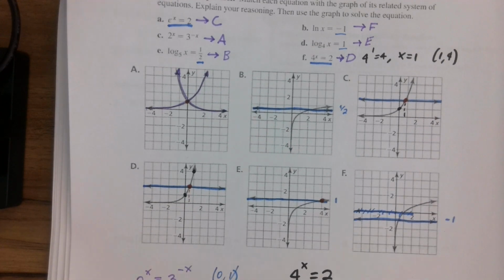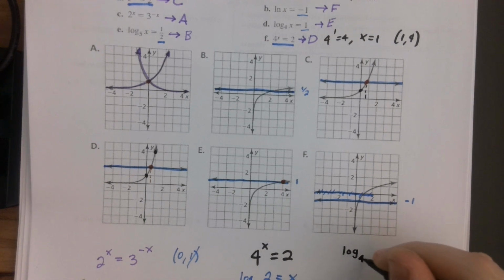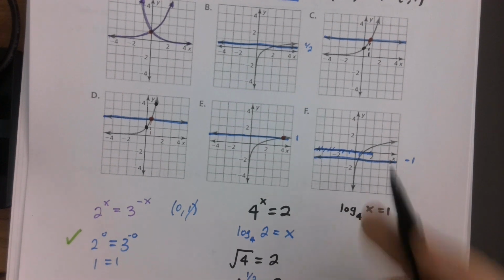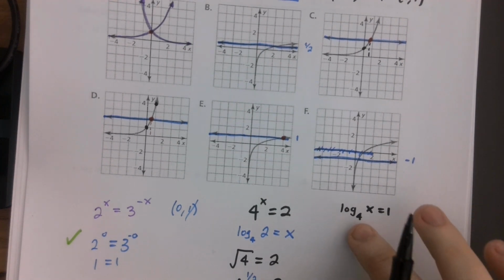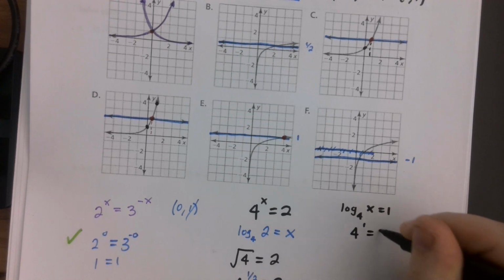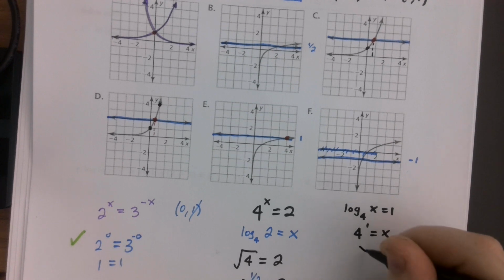Just to double check it mathematically, let's try actually solving log base 4 of x equals 1 by, once again, exponentiating it, turning it from a logarithm into an exponent. That's the same as 4 to the 1 power equals x, and, well, we all know that 4 to the 1 power is just 4.